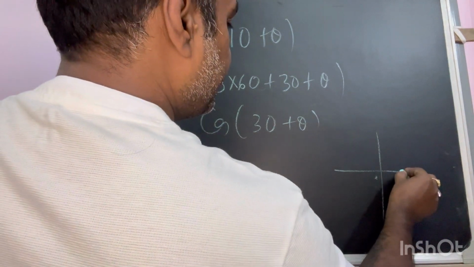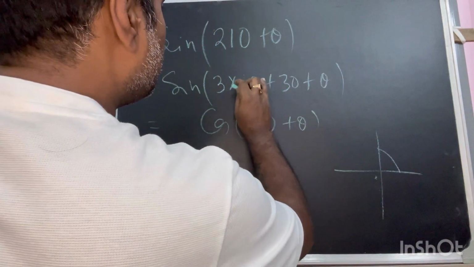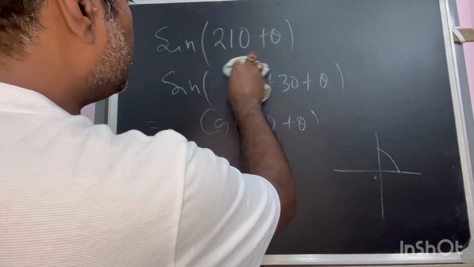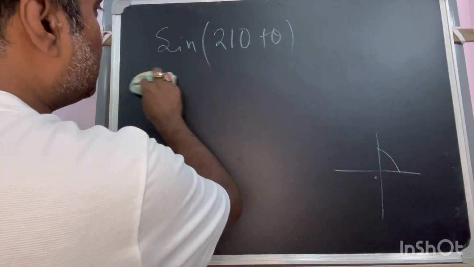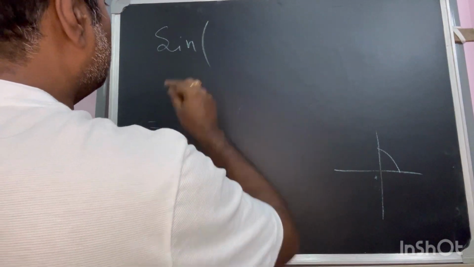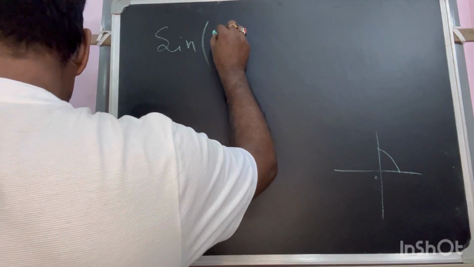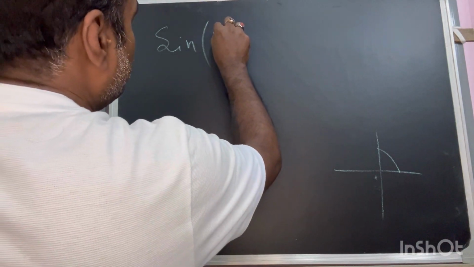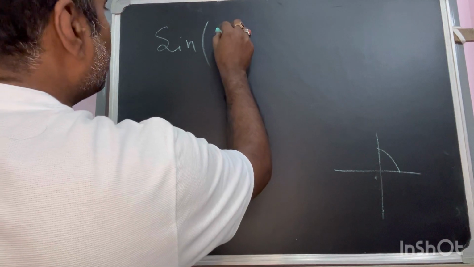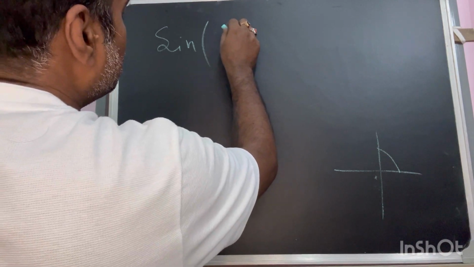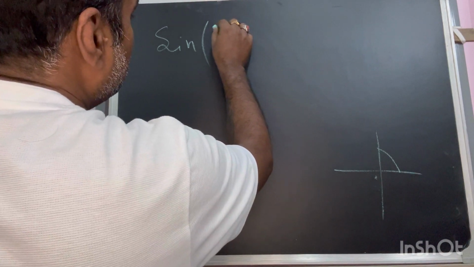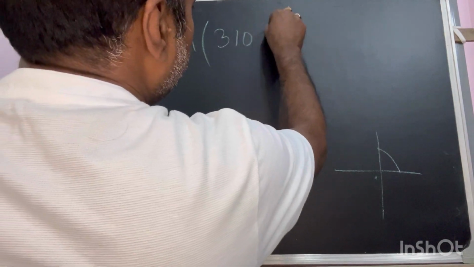Now 3 into, sorry, I have to bring it to, no, it is still not. So let me take 310, sorry, 310 plus theta.